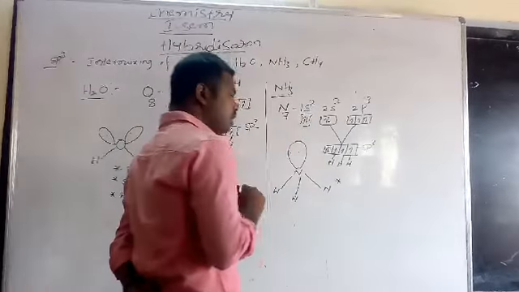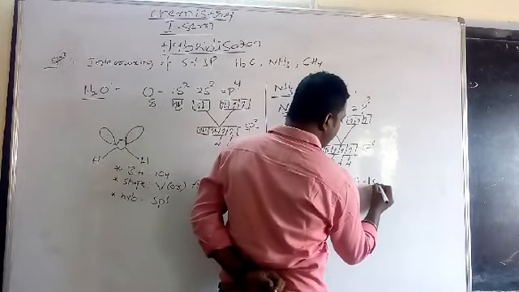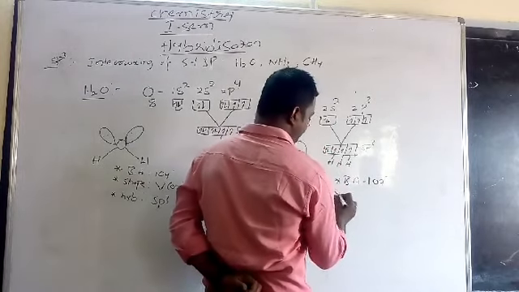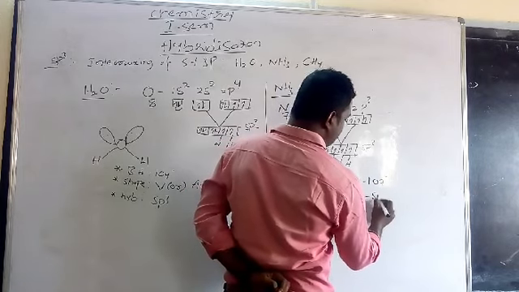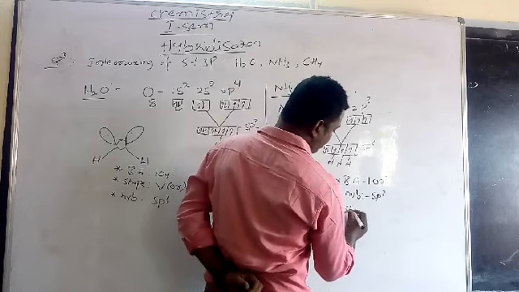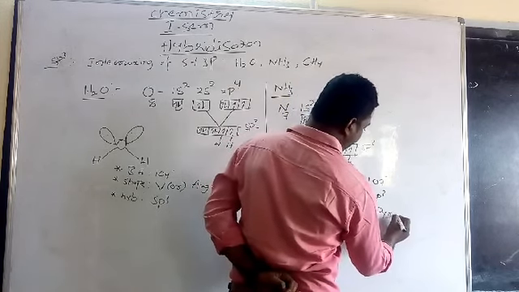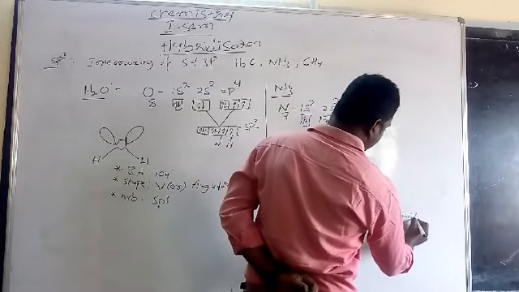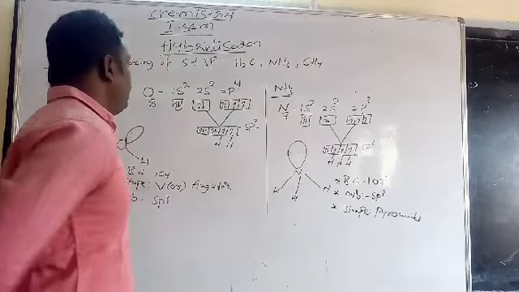For NH3 molecule, bond angle is 107 degrees, hybridization is sp3, and shape of the molecule is pyramidal. These are the examples of H2O and NH3.